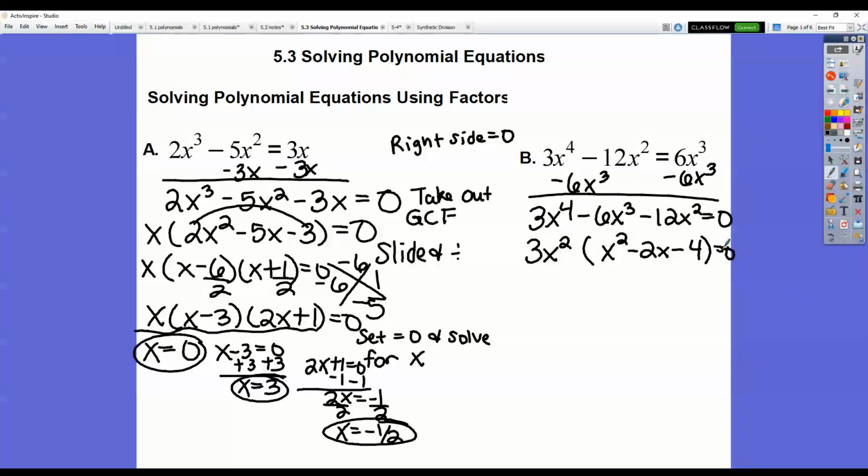Okay, here's where we run into some trouble. Can this factor? No, it cannot. There's nothing that multiplies to negative 4 and adds to negative 2. So then use mode 5-3 or quadratic formula.